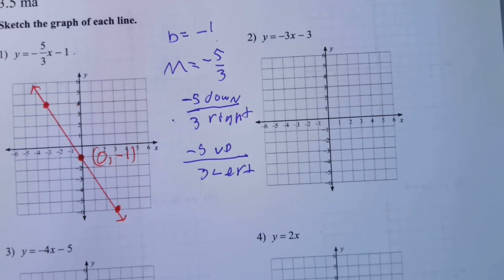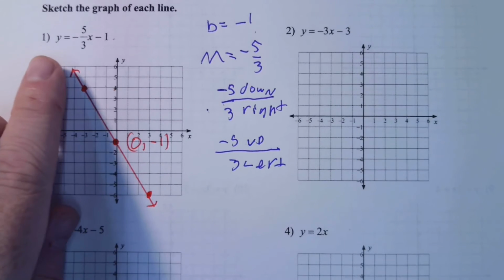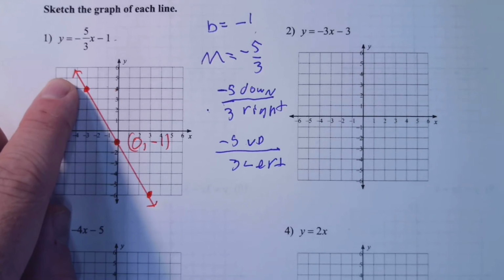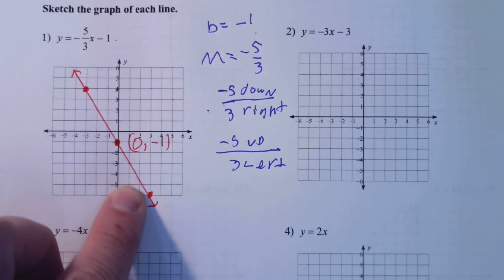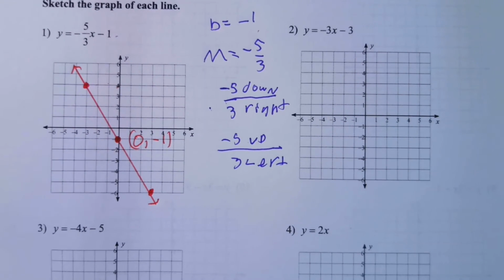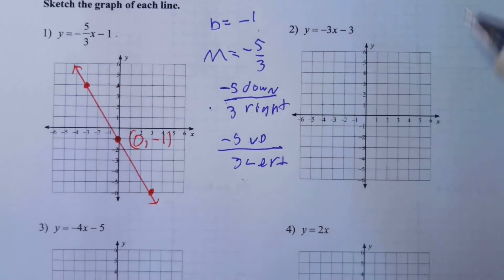It's also a negative slope. And remember, after you finish, you can check it. I need a negative slope. That means I should be going down, right? This line goes down. If you do these wrong, you might mess it up. Okay, I'm going to begin on the y-intercept.